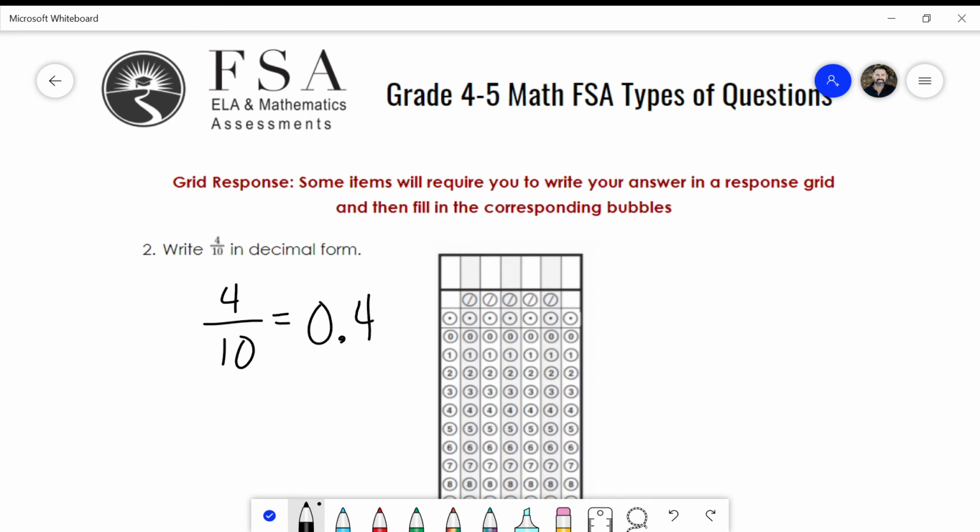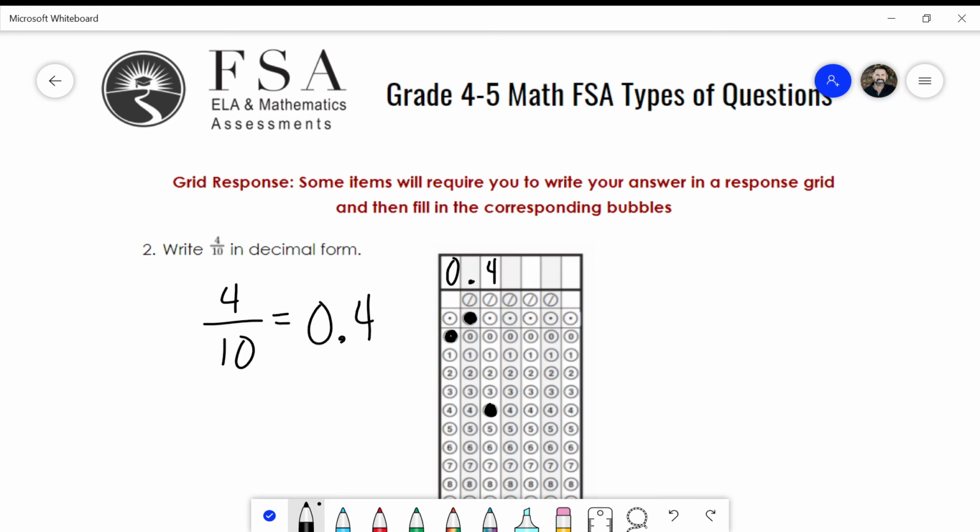We go ahead and start from left to right. I start with the 0, then a decimal point, and then a 4. Then I go down each column and bubble in the digit or the symbol. I have a 0 for this column, a decimal right here, and then a 4. Then you leave the others alone.